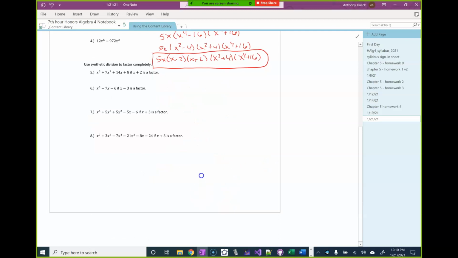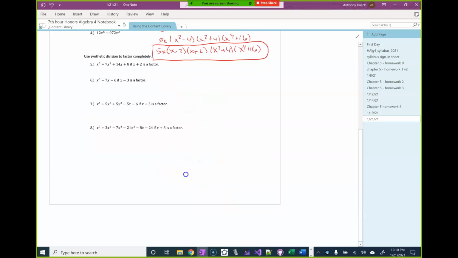So again, what we're going to do, last time we talked about how to do these sorts of problems, right? Where it's something we can't factor with the factoring tree as it's currently written, but I might be able to do a synthetic division and then get something that I can use the factoring tree on to deal with it. Now, in these problems, like in number 5, we gave you a starting place.